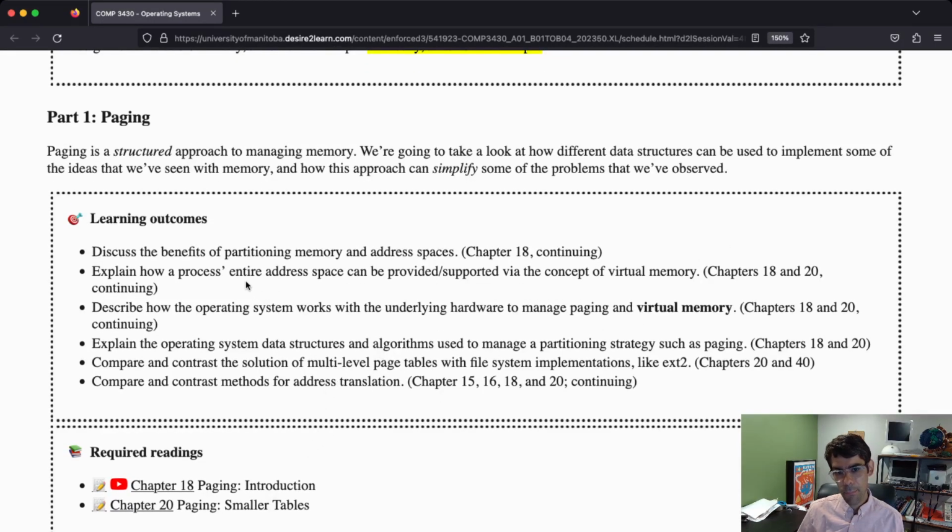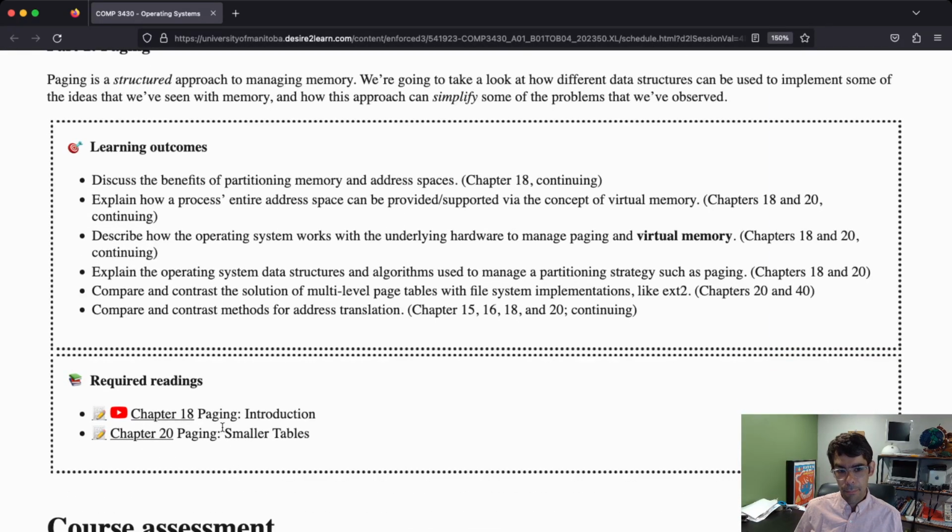Chapters 18 and 20, in terms of these 2: explain how a process's entire address space can be supported via the concept of virtual memory, and describe how the operating system works with the underlying hardware. Chapter 18 is linear page tables, and chapter 20 is taking the ideas that we got from file systems and applying those to page tables, using indirection and building multi-level page tables.